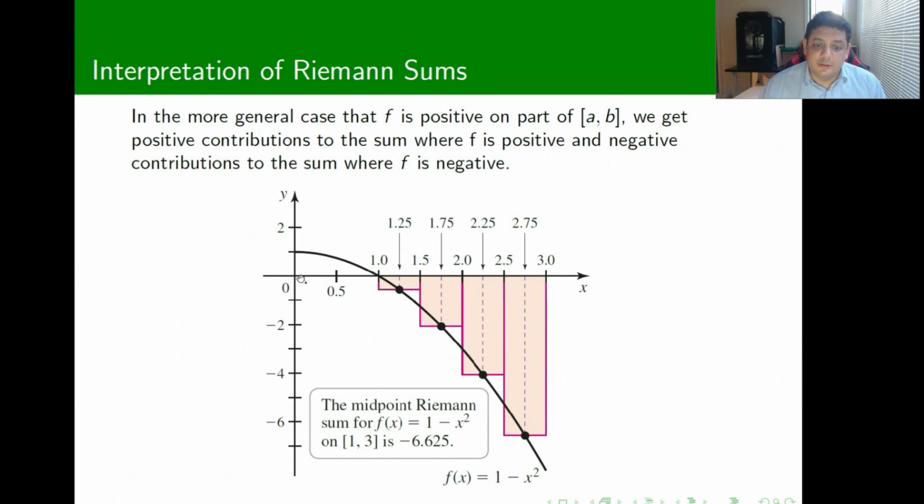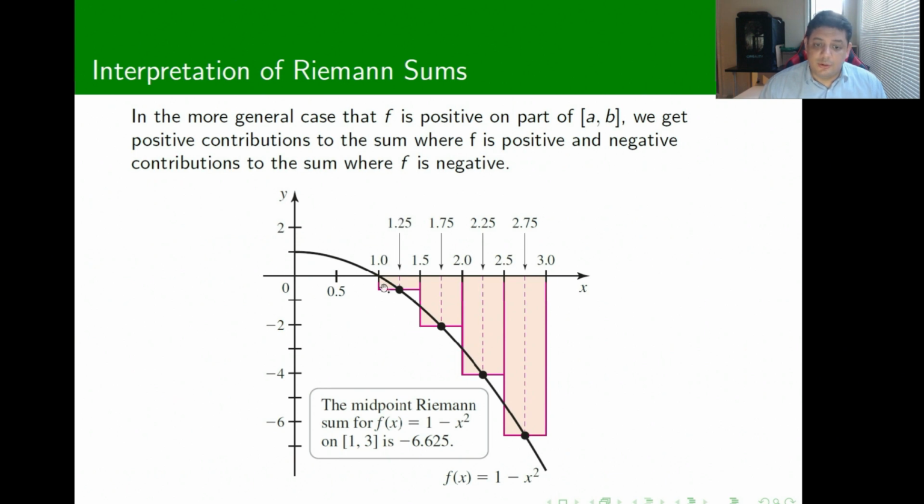So now let's take a look at the midpoint Riemann sum. Notice that now the function is not like we did before, where it was positive and above the x-axis, but now we're going to have a function that has a lot of parts below the x-axis.